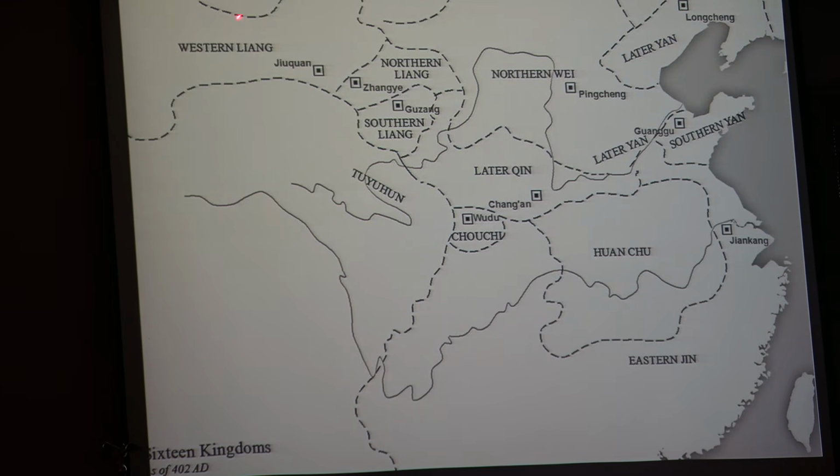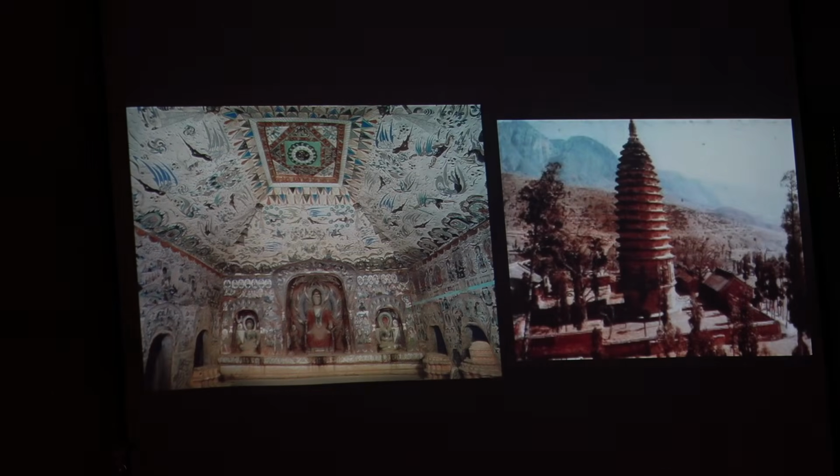We are going to be looking at Gansu in some detail. This part of China right here is sometimes called the Heshi corridor, the corridor west of the Yellow River, and I will have a few more maps in a minute, but I wanted to show that one again.